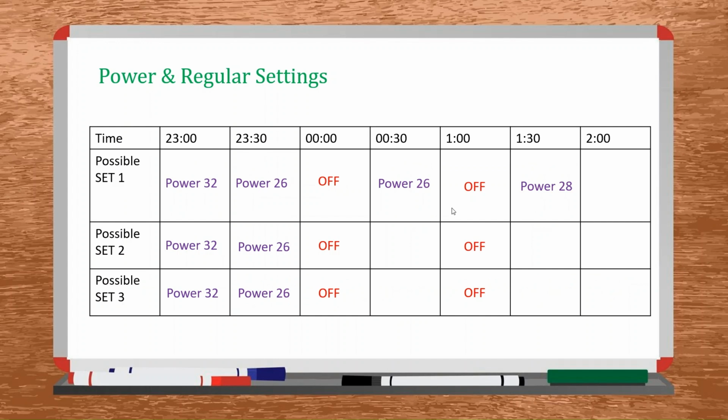In set 2, we'll be using one regular slot, let's make it the 12:30 slot first. And in set 3, we will be making the regular mode in the 1:30 slot. So these are the 3 different possible sets of power and regular mode that we can use, which will adhere to the temperature pattern that we have been provided with.